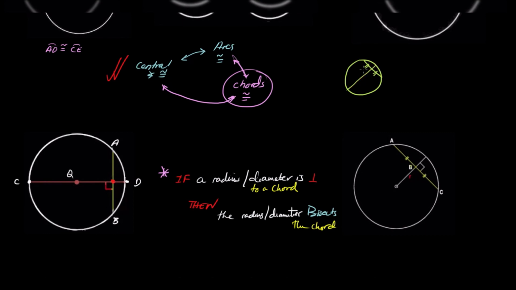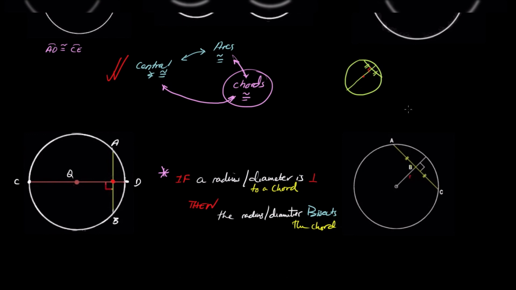Yep, I believe you got it. So if you said the first chord is a diameter, you would be correct. So in a circle, if one chord is a perpendicular bisector of another chord, then this first chord is a diameter, one of the diameters of the circle.